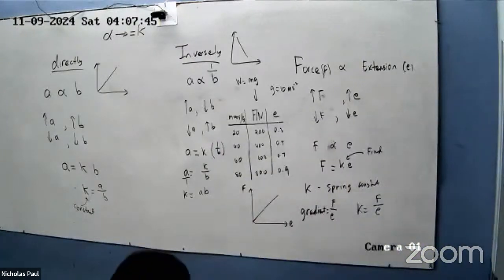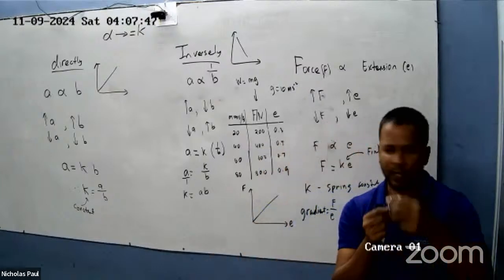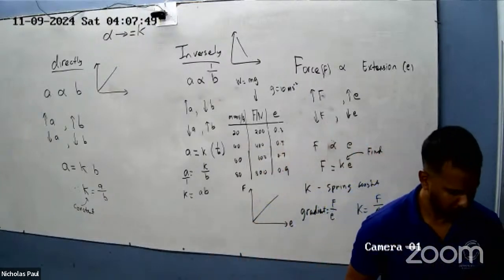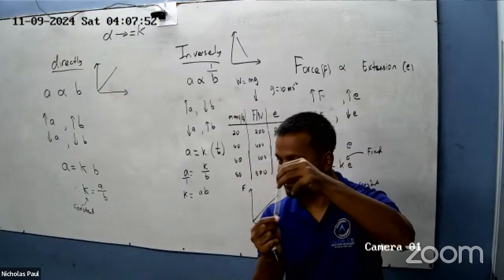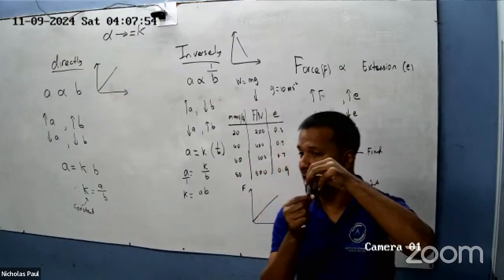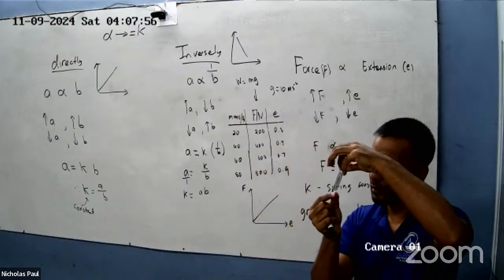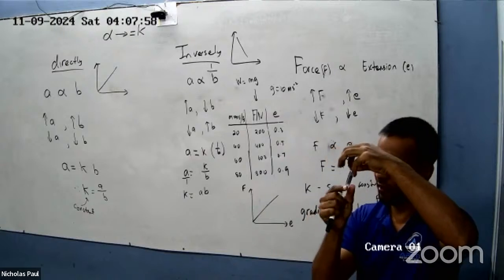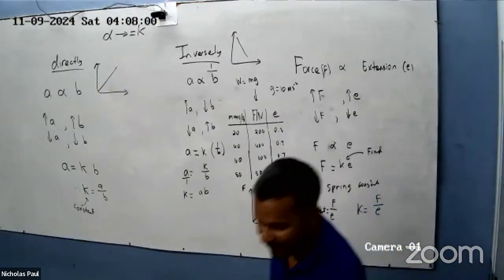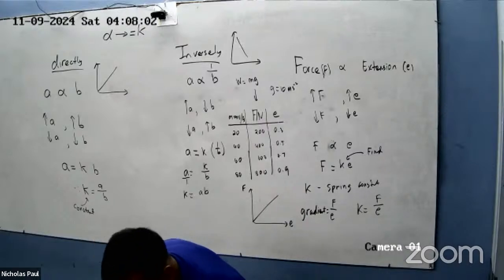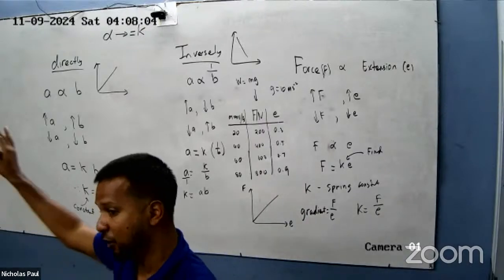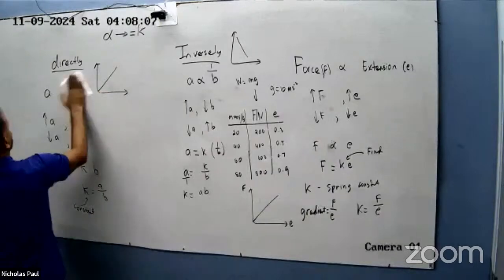Isaac, remember I was saying that if I keep loading this, what will happen to this after a while? It wouldn't go back to the original, right? So if I wanted to sketch that entire graph, how do you think it will look?